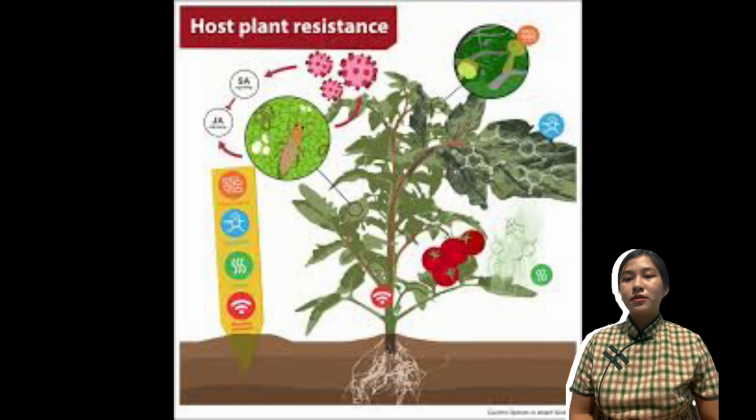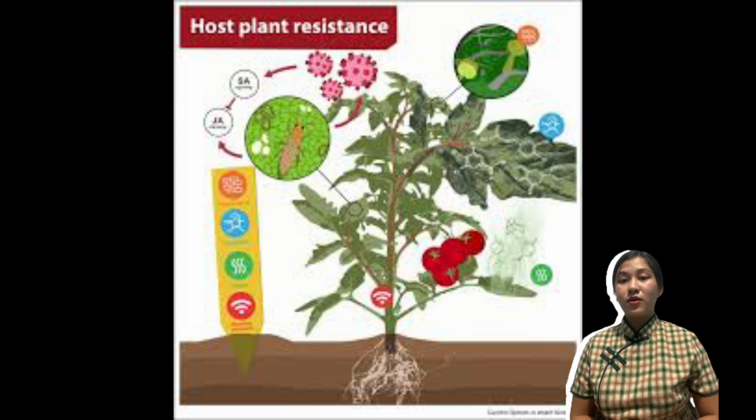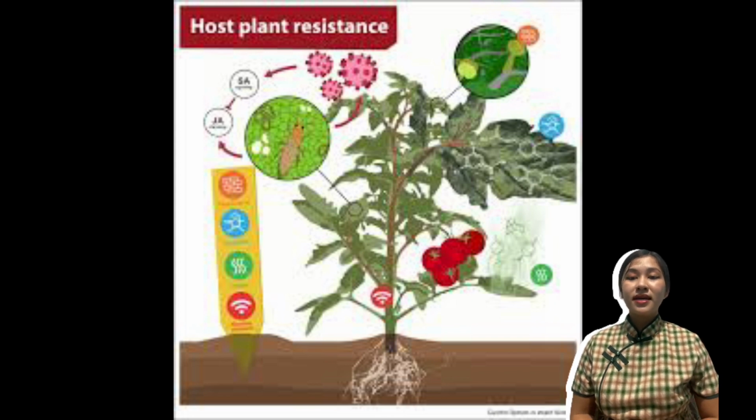For example, let's say na isa ka plant nga naa siya natural resistant to a common pest. So ang scientist makagamit siya og genetic engineering to take the gene responsible for that resistance from the plant and then iyang i-insert into a different plant species nga susceptible sa common nga pest.